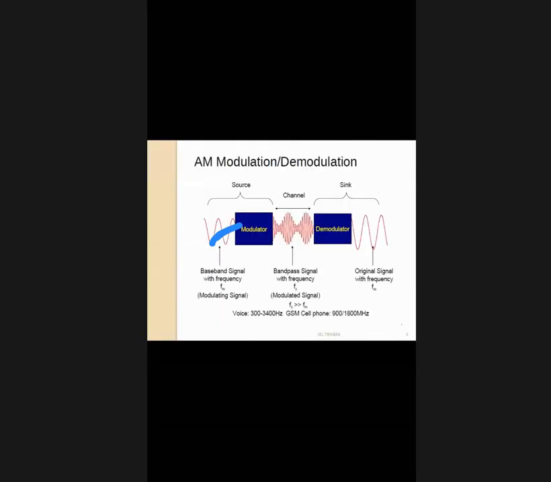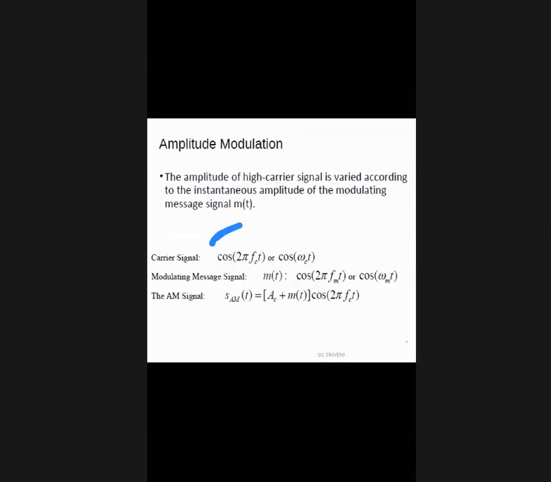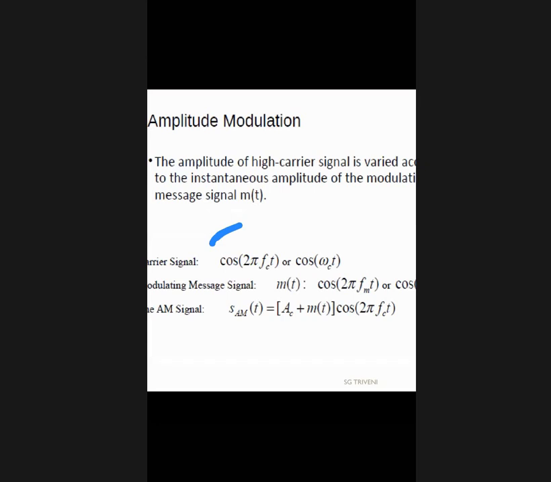Now, coming to the amplitude modulation, coming to the time domain equation here, once again, the definition is given. The amplitude of the high frequency carrier signal is varied according to the instantaneous amplitude of the modulating signal. That means the amplitude of the carrier signal is going to vary with the amplitude of the message signal.